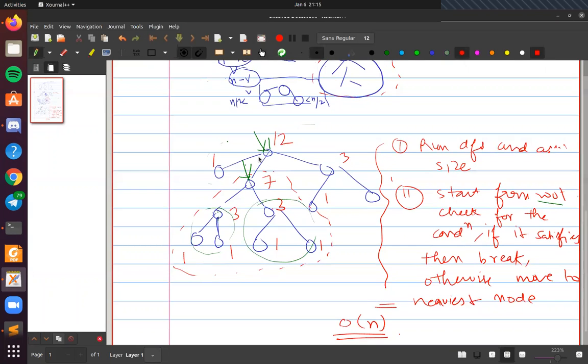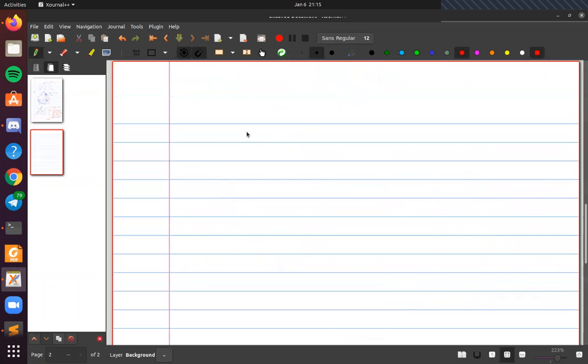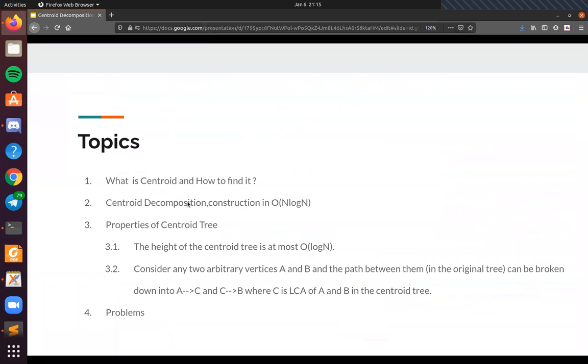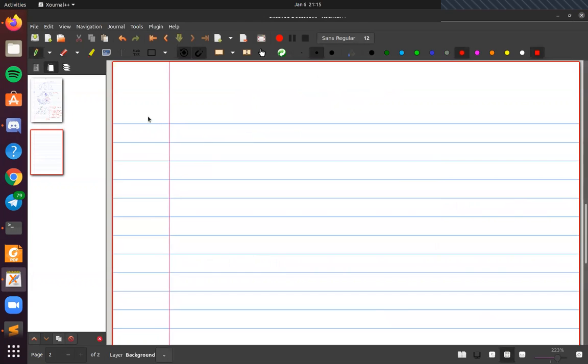Okay, so is it clear, how to find the centroid, and the O of n complexity? Now the second thing is that the centroid always exists. This is pretty simple from the fact that we run the algorithm and the algorithm will terminate, because initially you had n elements, then you will have n minus x, say, then n minus x minus y.